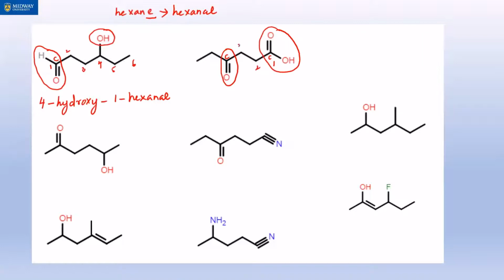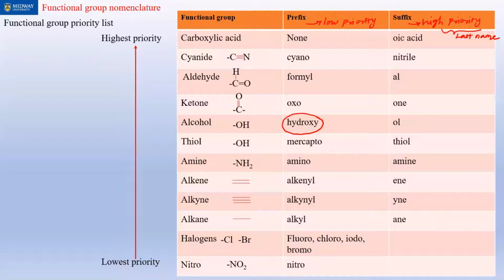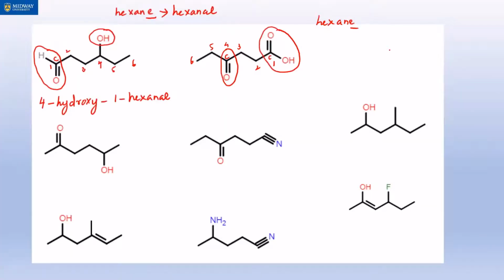So 1, 2, 3, 4, 5, and 6, right? So we know it's hexane, and to write the last name, we replace the E with the suffix, whichever one is the higher priority group takes the suffix. So it'll be hexanoic acid.